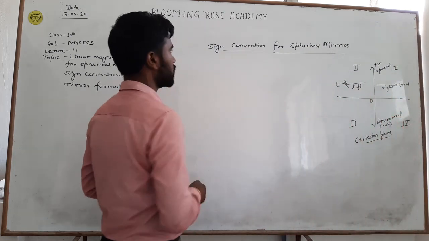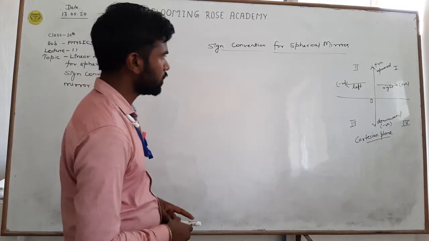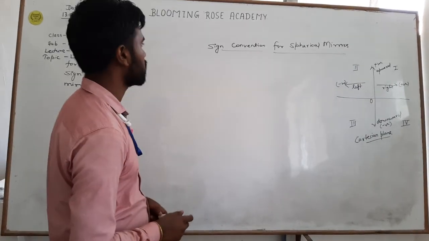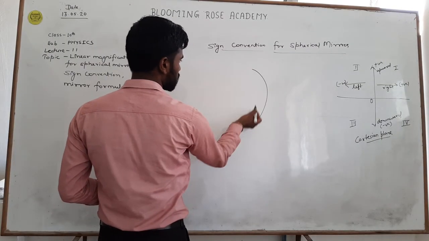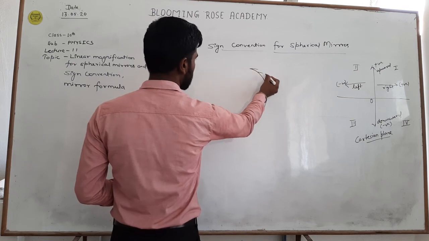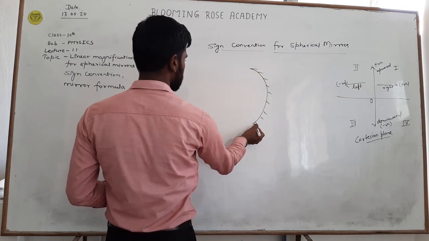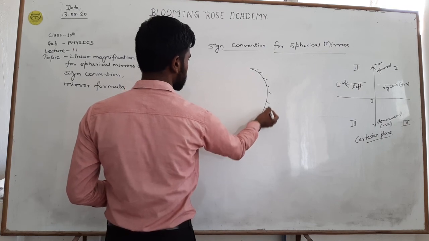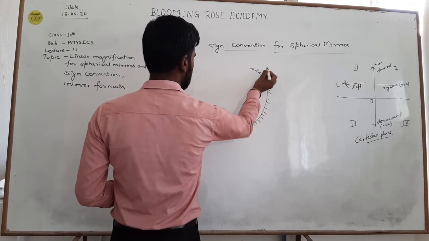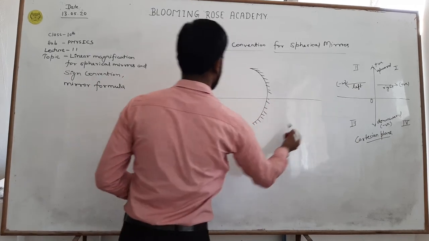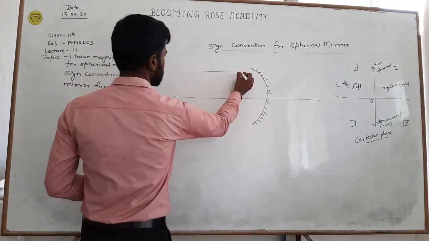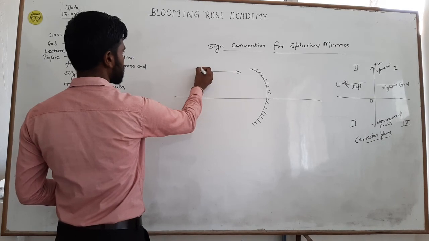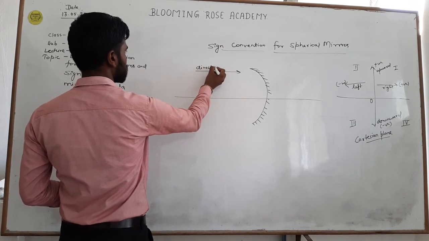Here we have the sign convention for spherical mirrors. Just like the Cartesian plane, first of all on the y-axis we put a mirror. Here we have put a concave mirror. For the x-axis we have the parallel principal axis, and here we took the direction of the incident ray.